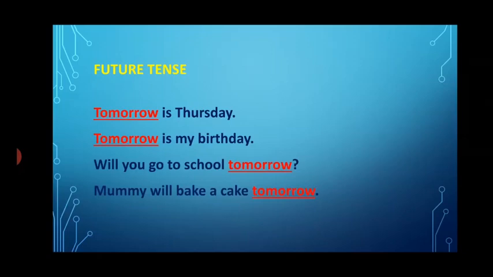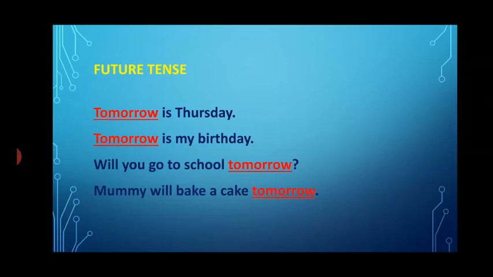So, I have used the same sentences and I have only changed the tense. So, what have I done? When I changed the tense, I used tomorrow instead of today. Okay. When it was present tense, I used today.